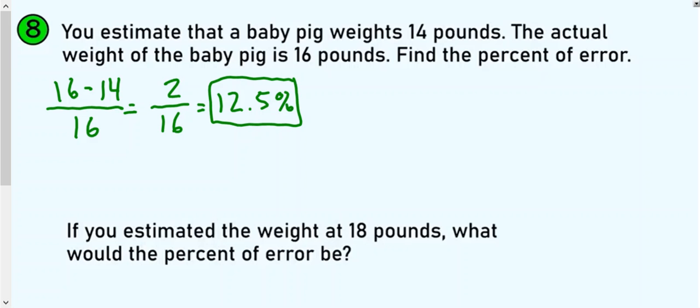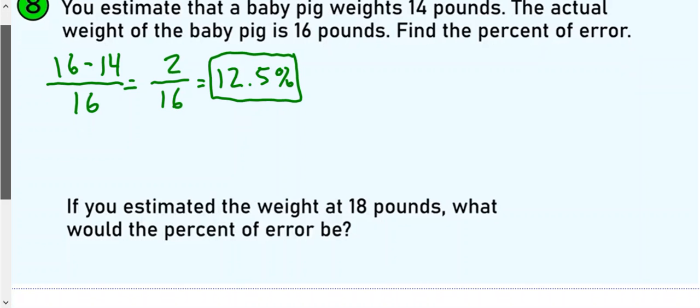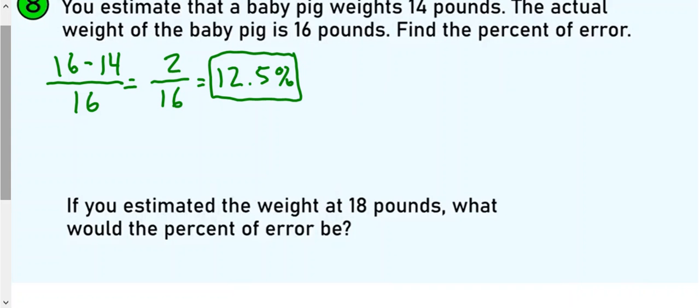If you estimated the weight at 18 pounds, what would be the percent of error? Okay, so now we're going to see what it would be if we had 18 pounds. Again, we subtract the smaller number from the bigger number and then divide by the actual amount.